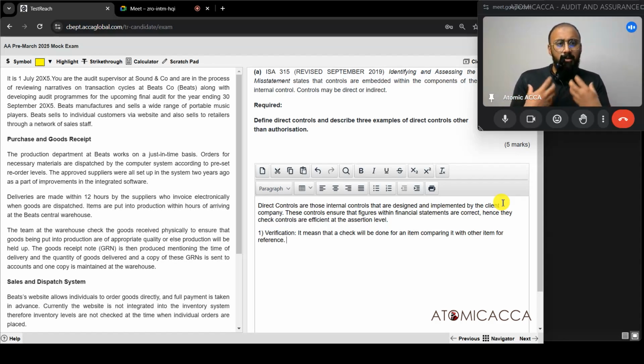Now to make it a little more clear, just give an example. What could be a simple example for verification? Let's say payroll expenses are calculated by an automatic system. You can check whether the payroll expense calculated is in accordance with the payroll master data, because every employee's salary they are to be paid will be written in that payroll master data.